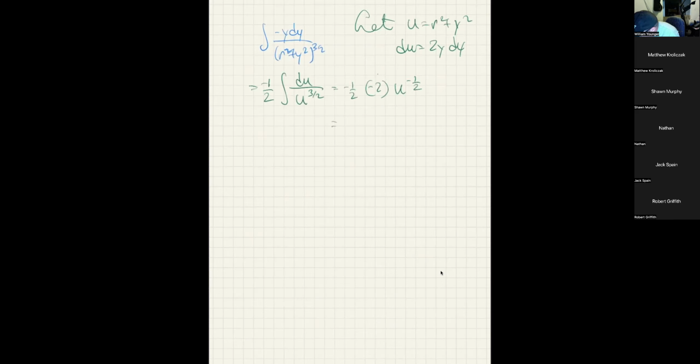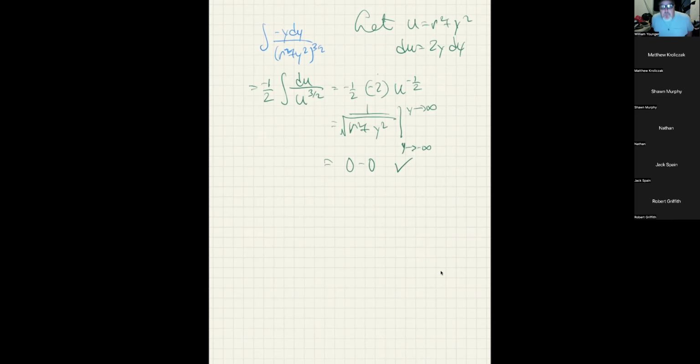Well, if you now do negative times a negative, that gives you 1. I get square root of r squared plus y squared in the denominator. I'm going to evaluate that from y approaching negative infinity to y approaching positive infinity. And you can see that's essentially going to be 0 minus 0, because you have to take the limit as y approaches infinity.